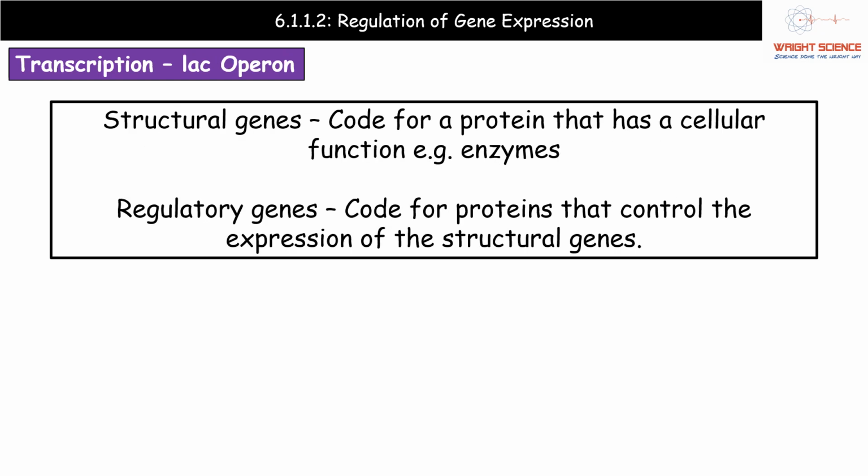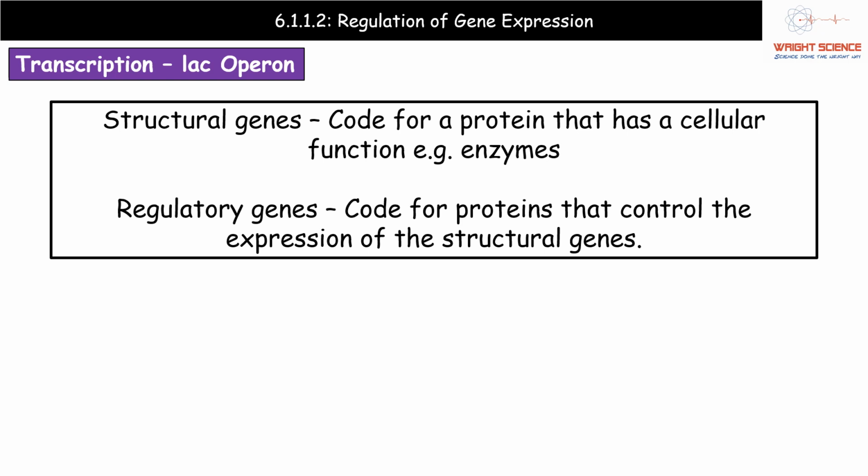So what we're going to have a look at as far as our transcription control in our prokaryotes is something called the lac operon. Before we delve into the finer details of this, let's make sure we understand two terms that are going to come up here. First one, structural genes. These are the genes that code for a protein that has a cellular function, things like an enzyme, for example.